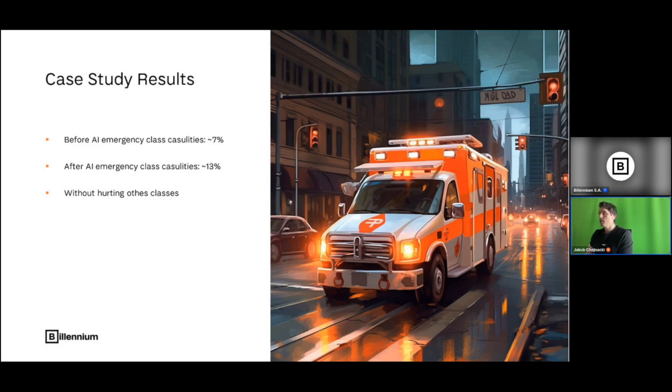So we can see that we had an improvement of over 6 percentage points from the start of the project without hurting other classes. And this is what OpenAI can bring us, and how OpenAI and generative AI can make the world better.